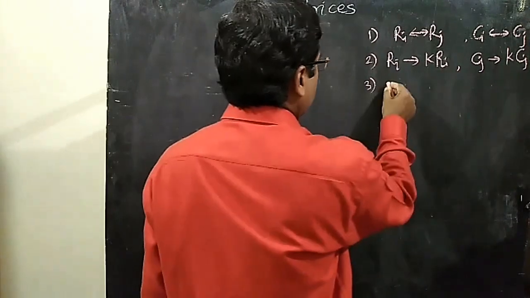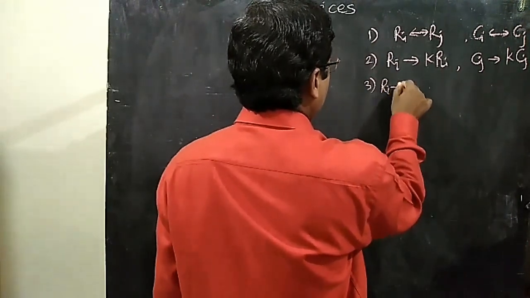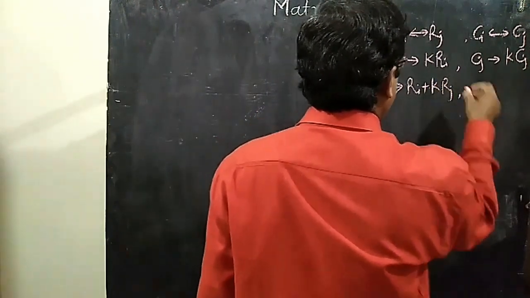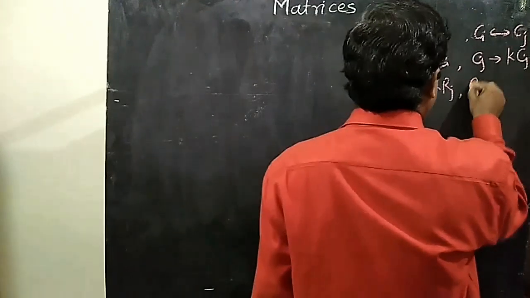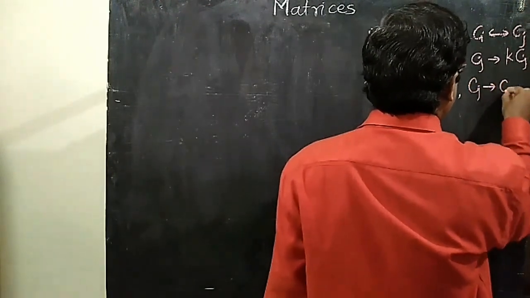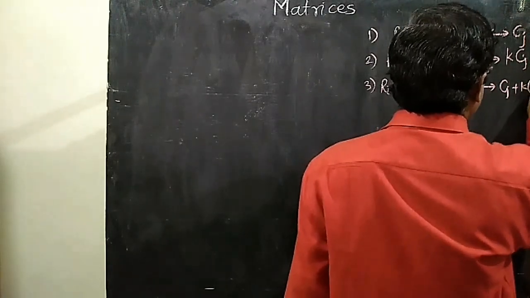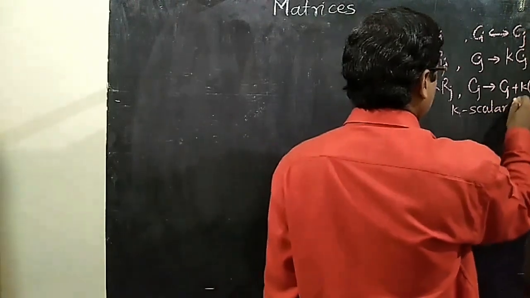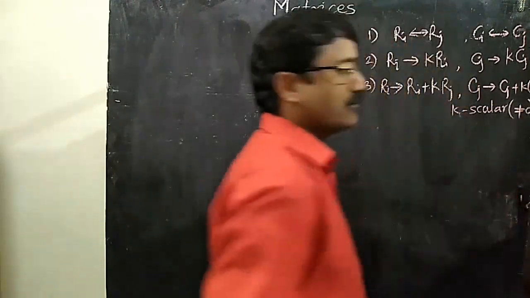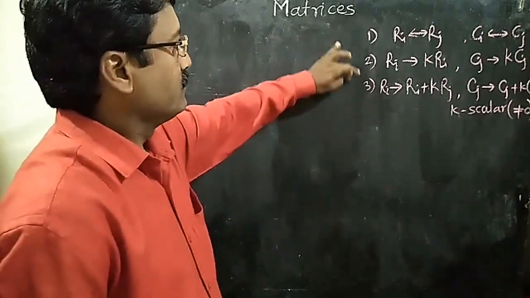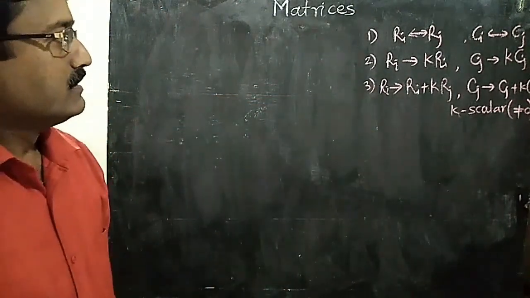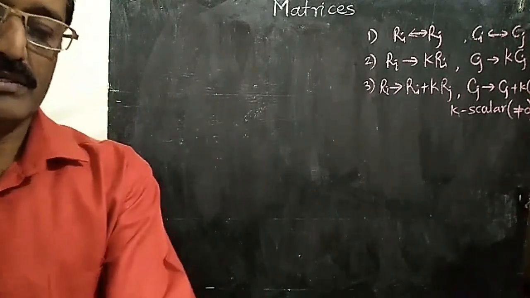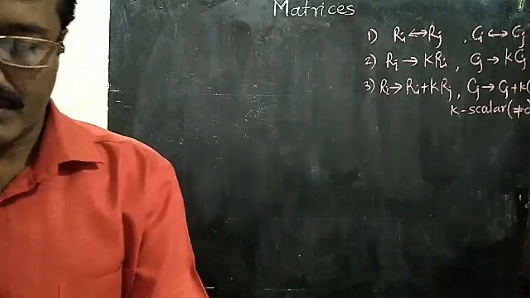And third that we have studied, that is Ri is changed into Ri plus k Rj, or Cj can be changed into Cj plus k Cr, where k is a scalar which is not equal to 0, means a non-zero scalar. So remember these three operations on matrices. Let us see some examples based on these elementary operations of matrices.